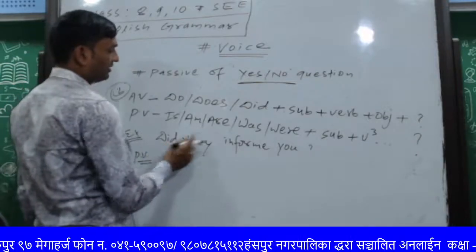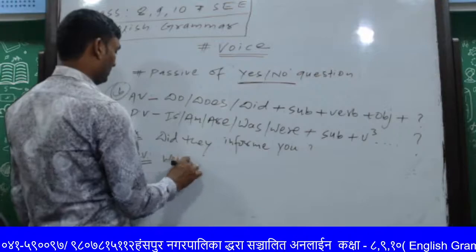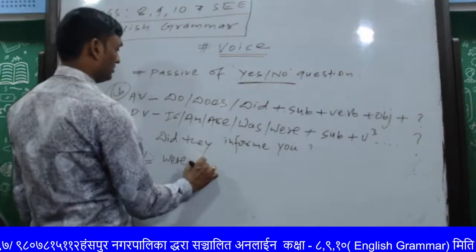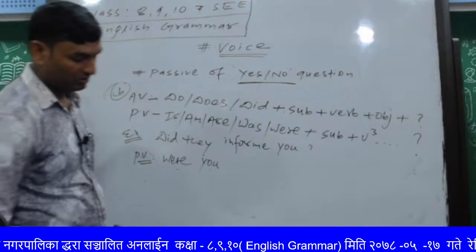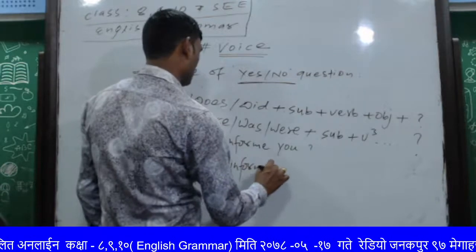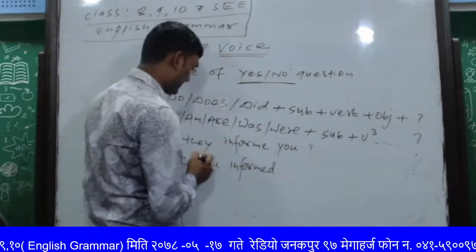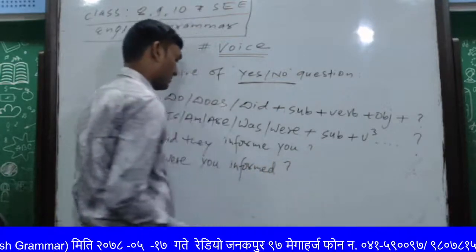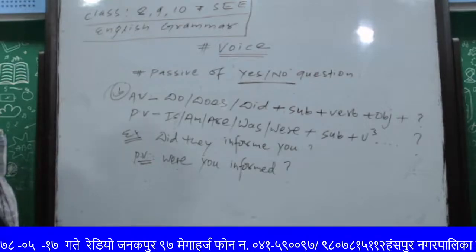It means did here, so was, were, and you receive were. So were you, and simple past, then were you informed. Were you informed by them also, but they is here a vague subject, so question mark. Were you informed?